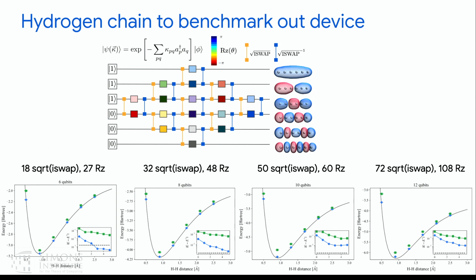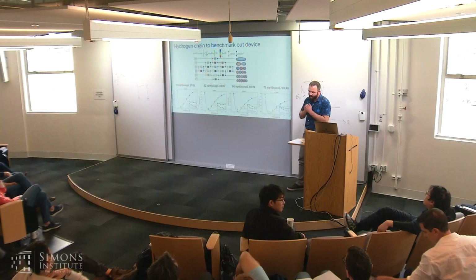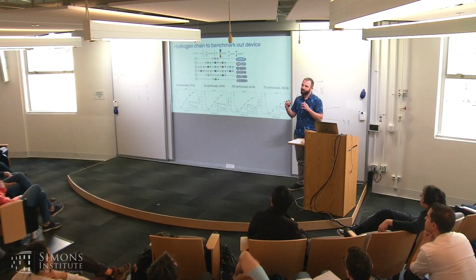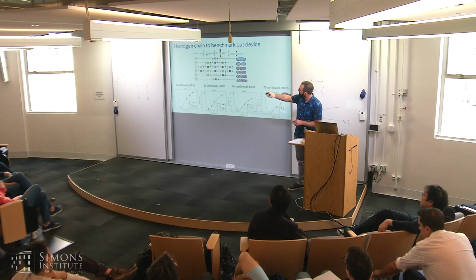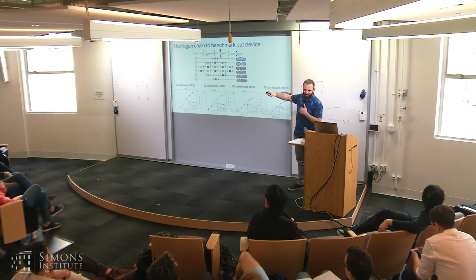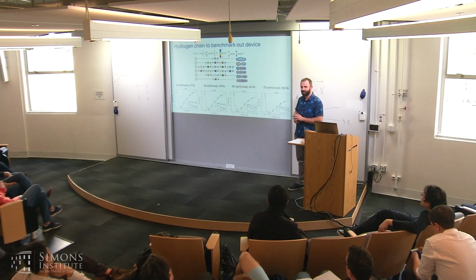Are you tuning the RZs and the iSWAPs? Nope. So that's a good question. I'm not going to click all the way back to that slide, but the number of parameters is sort of like the number of parameters that appear in here, and there's a couple symmetries that reduce it even further.